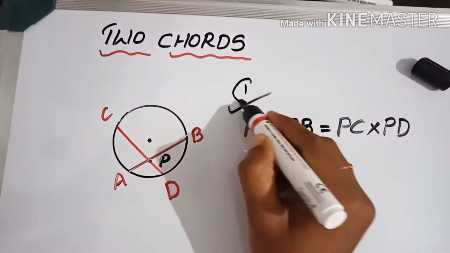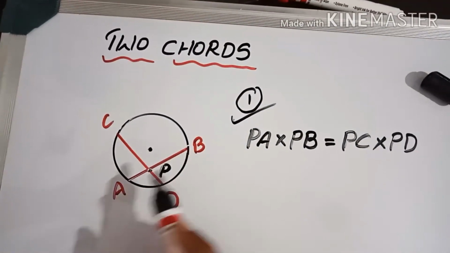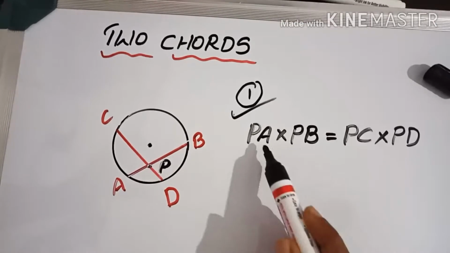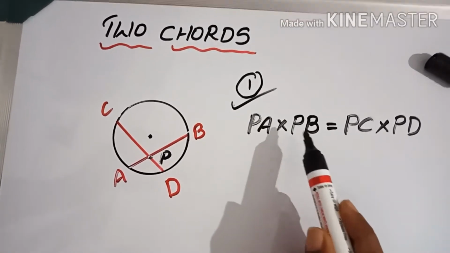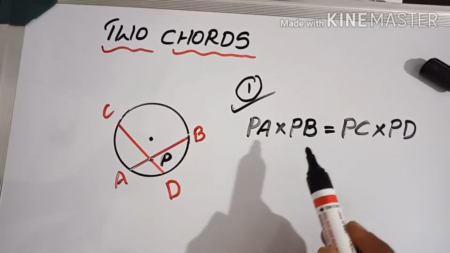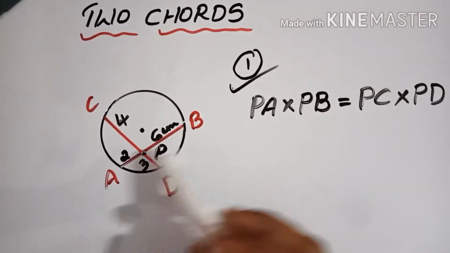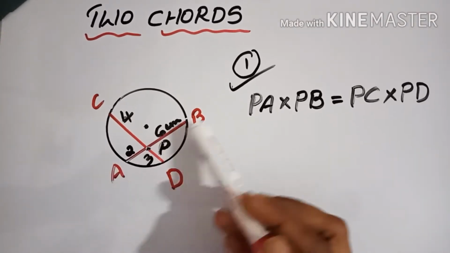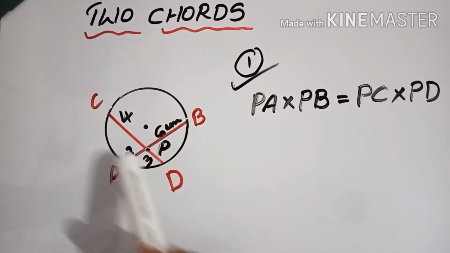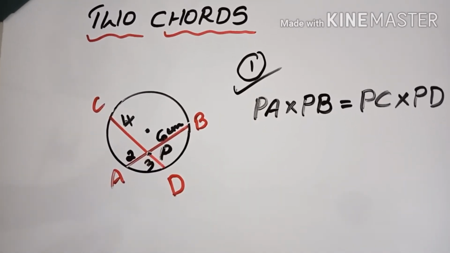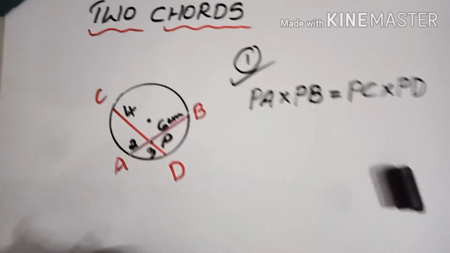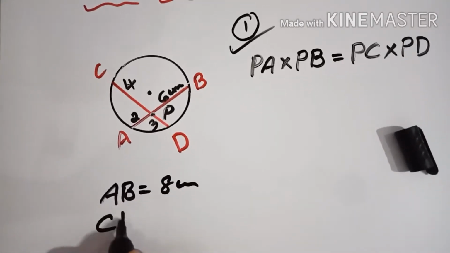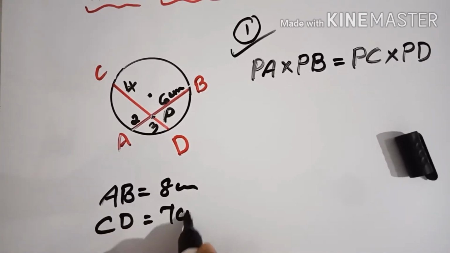You have to learn this. If two chords cross each other inside the circle, then the product of their parts will be equal. For example, chord AB is 8 cm and CD is 7 cm.